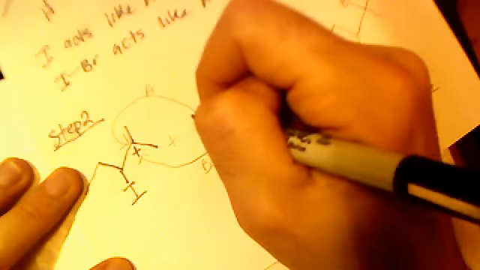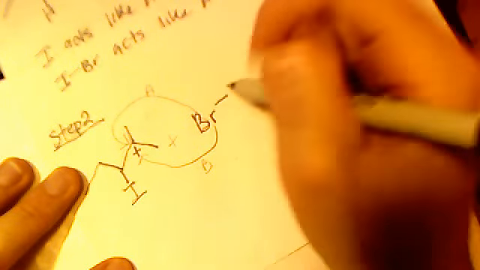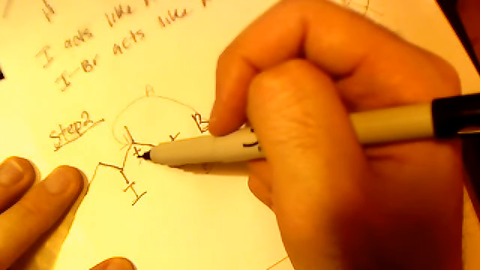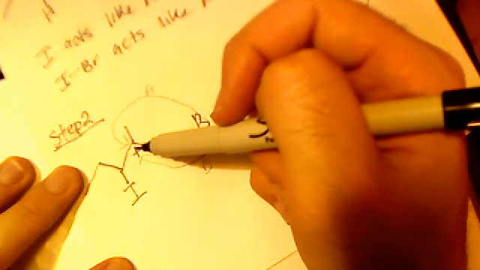So then we have step 2. The bromine is going to add, and it can add to either side, because this is a trigonal planar carbocation.